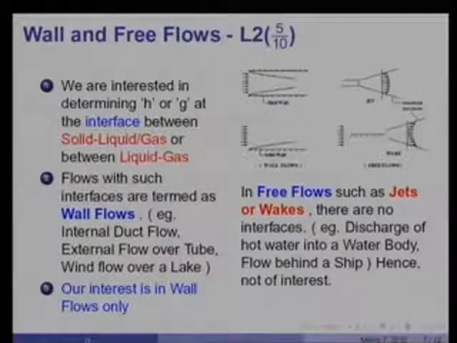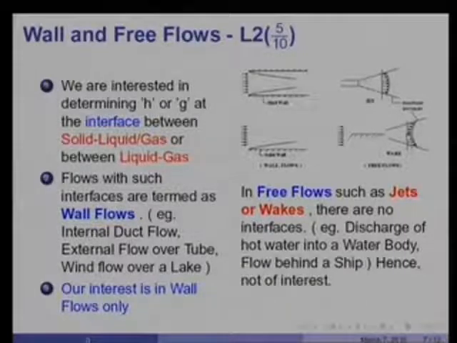So naturally, we are only interested in flows which are bounded by walls, because it is only there where heat transfer coefficient is defined. But in fluid mechanics, one also is interested in what are called free flows, such as those that are formed in the form of a jet, say air or a gas issuing from a nozzle, or a wake, that is, a flow behind a ship would be a wake flow.